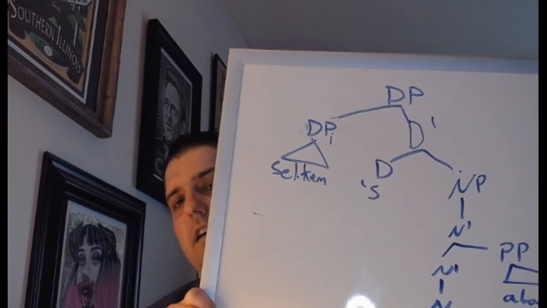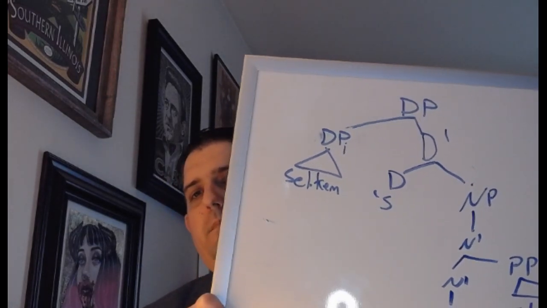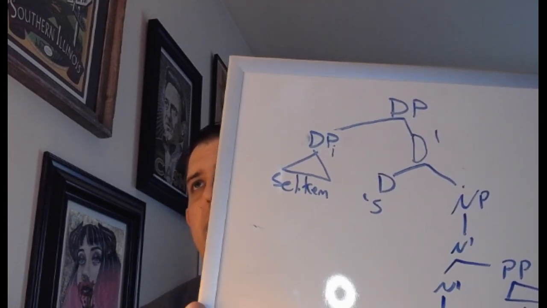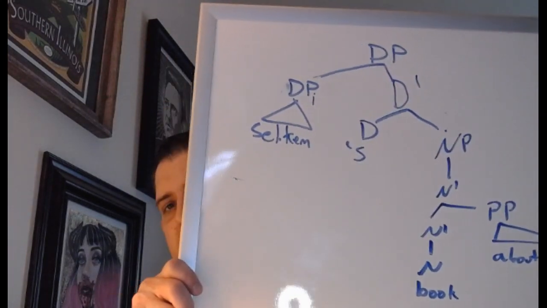That 's is marking a possessive relation. And here that specifier is saying, I possess, and that complement is saying, I am possessed. And that wasn't holding in our previous structure. So this new structure really does a lot of nice things for us that we weren't getting before.